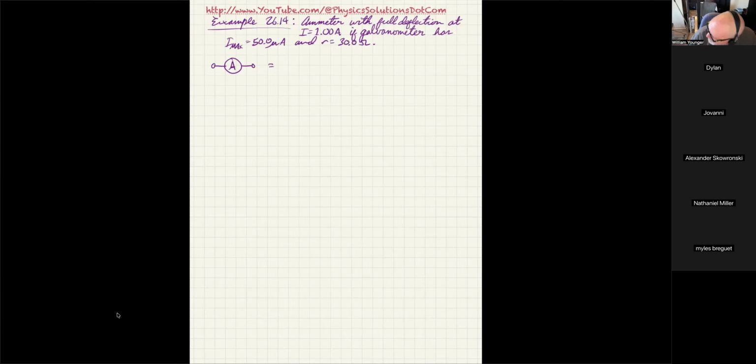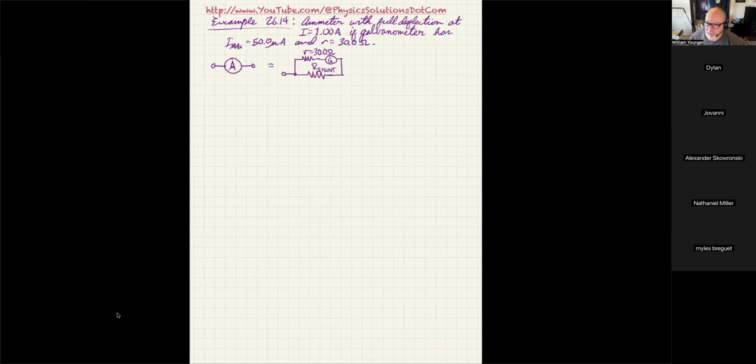This is going to be the equivalent of basically a wire that comes in, and then it reaches a node. The node takes the resistor and the galvanometer like this, but in parallel to that is what we call a shunt resistance, which we won't write the word shunt every time.